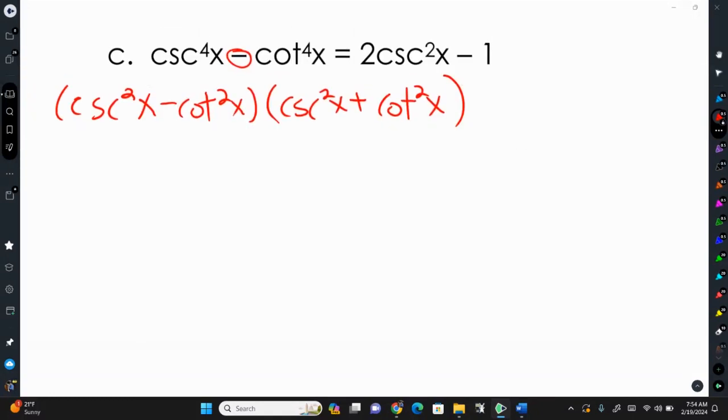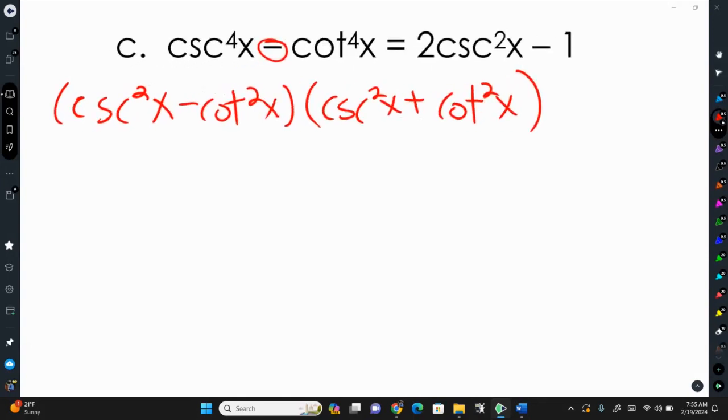So now I have to use identities to change this. And again, I know I'm trying to get cosecant squared, so I'm going to change my cotangents instead of my cosecants. Now, cotangent squared is equal to cosecant squared minus 1, so I'm going to change both of those. So we have cosecant squared x minus (cosecant squared x minus 1).